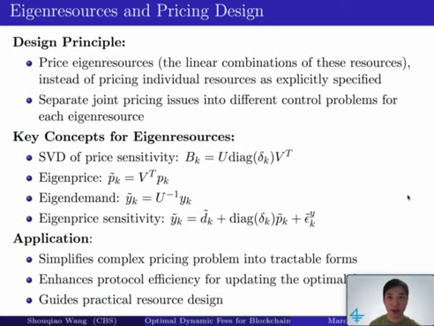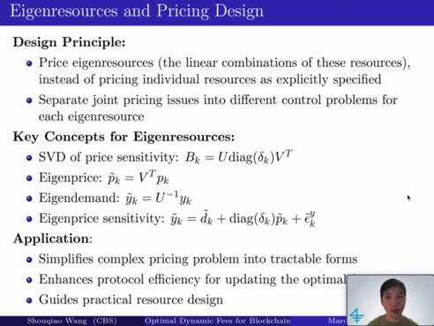You can have a look at the last equation. The price sensitivity matrix for the eigenresources yk tilde is a diagonal matrix of delta k. Since there is no cross-price sensitivity, we can price the fee for each eigenresource individually.